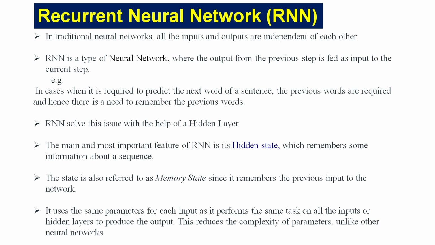These networks are characterized by this hidden layer or memory, because as you see here, in order to predict the next word, the network must remember the previous word, or it may even have to remember a future word. We will discuss how this network can change.